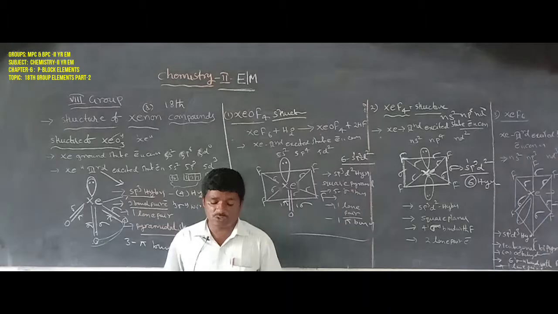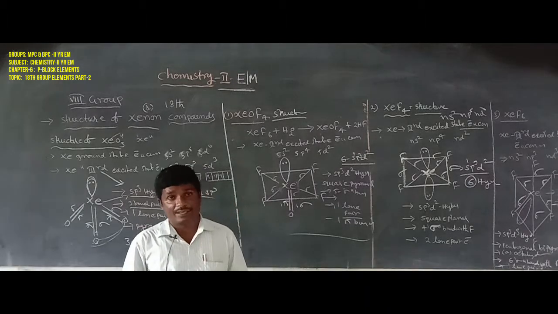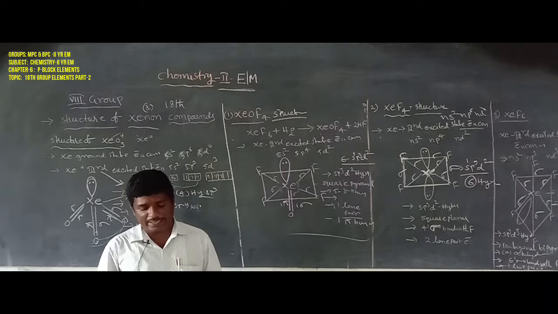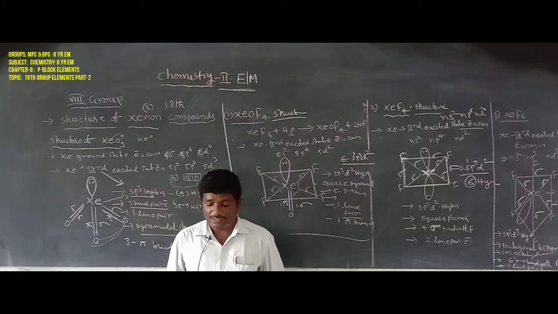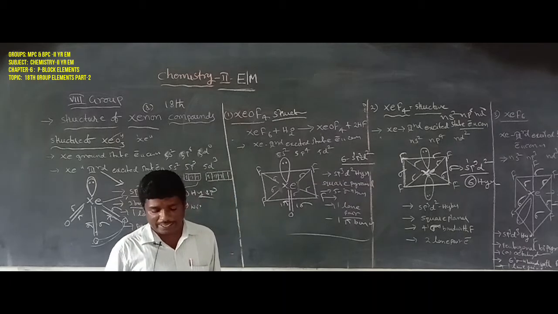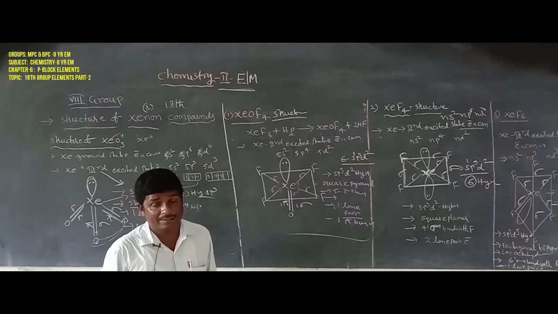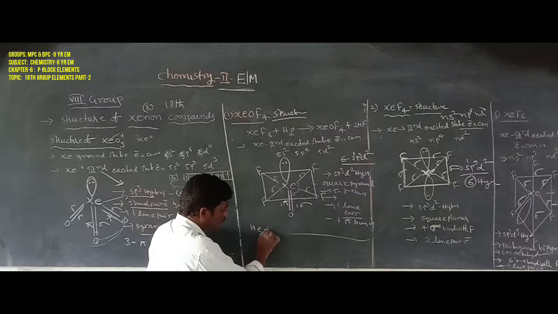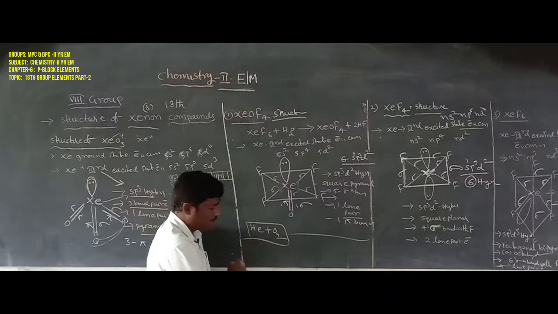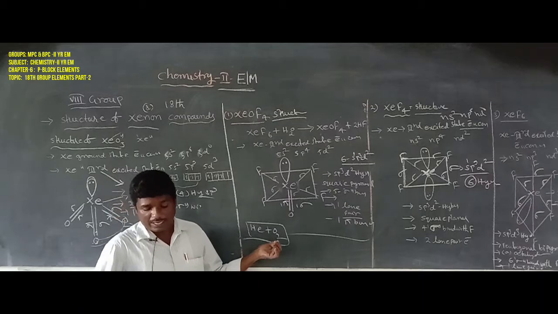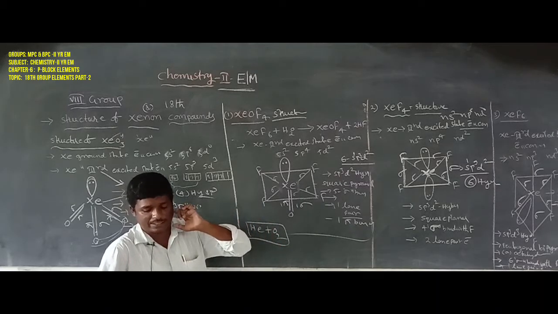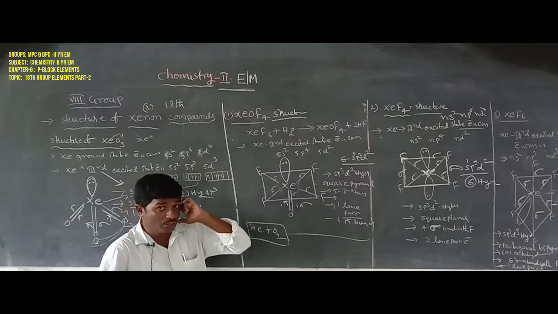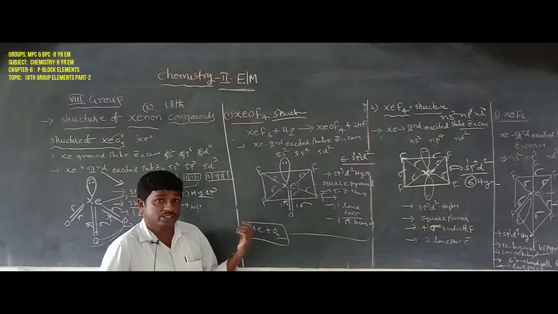It is also used as a diluent for oxygen in modern diving operations, because of its very low solubility in blood. The helium plus O2 mixture is used as a diluent for the oxygen. That is the uses of helium.